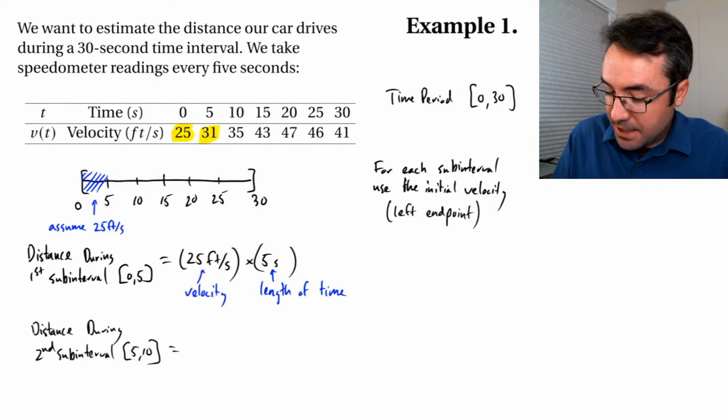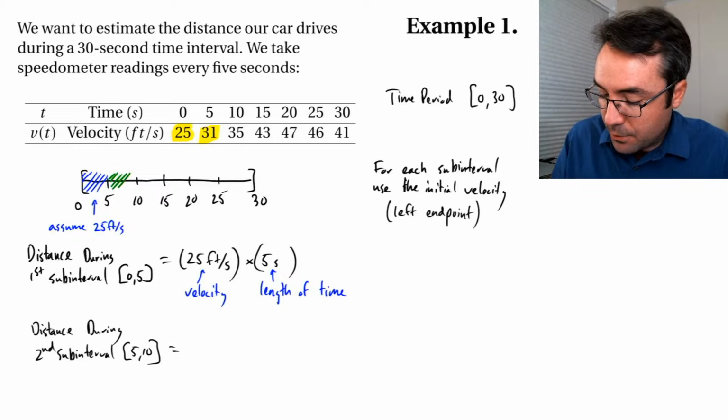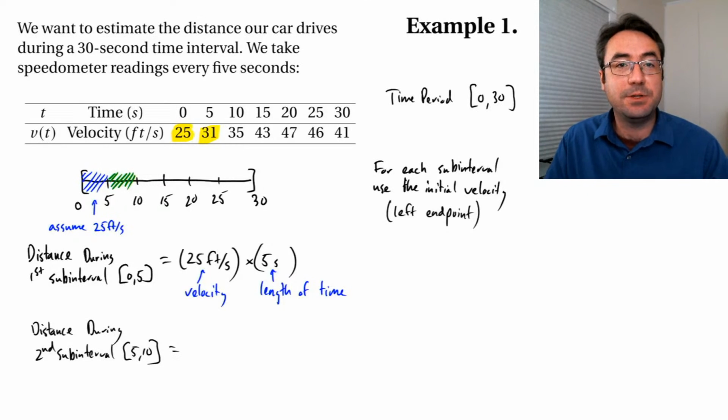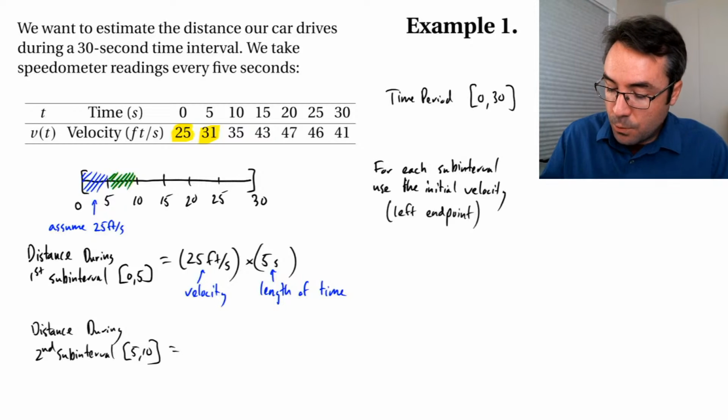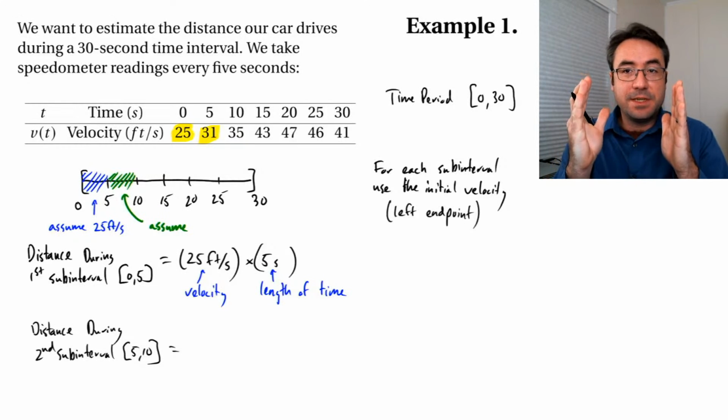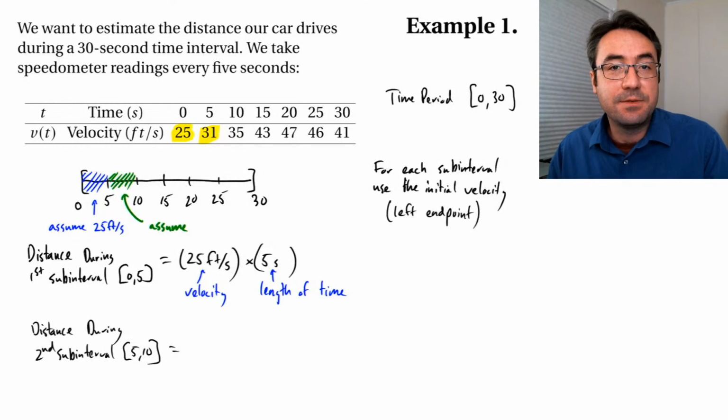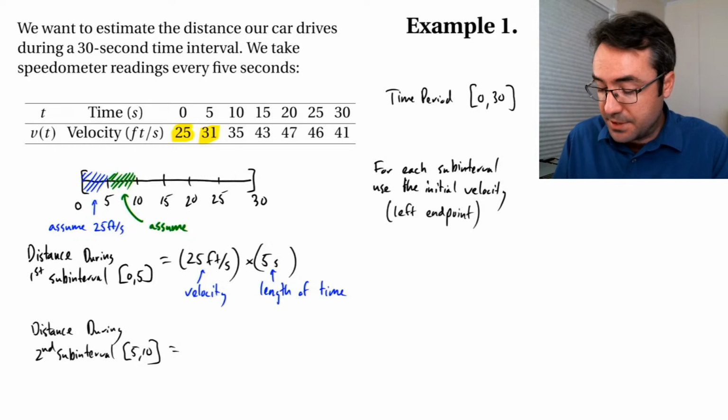So for that second subinterval, in between 5 and 10 seconds, we're assuming, for the purposes of these calculations, that during that time interval from 5 to 10, we're traveling at a constant velocity of 31 feet per second.